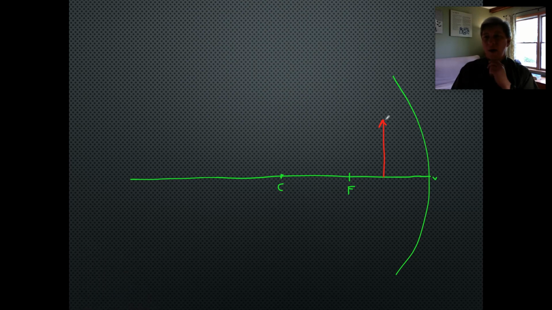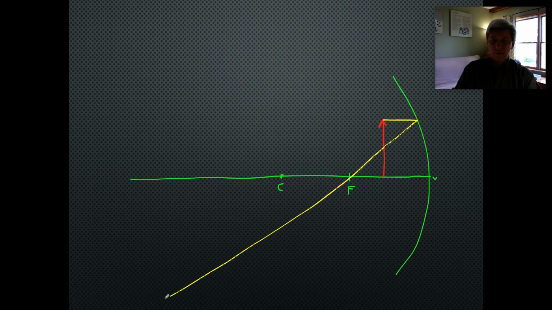All right. Now, first ray of light, parallel to the principal axis, it's reflected now this way. The second ray of light, I'm going to draw such that it strikes the mirror and is reflected back through the center of curvature.